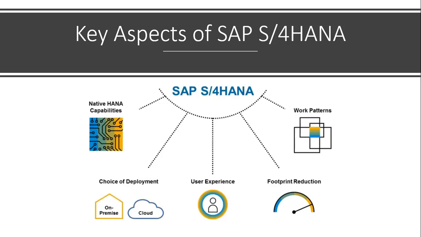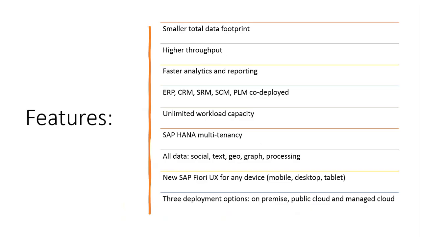We have also some of the changes that happen in some of those modules. So we have the choice of deployment, we have the user experience in the area of Fiori, we have the footprint reduction, of course, terminating a lot of tables, and we have the work patterns. So these are the key aspects of the S4 HANA system.